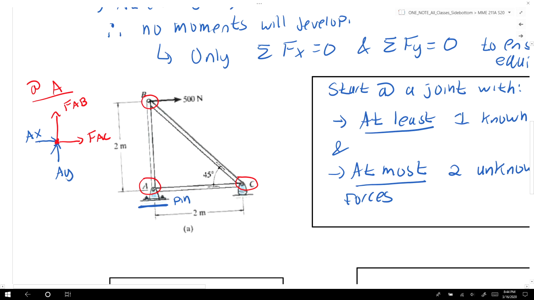So at A we have four unknown forces and 0 known forces, so we cannot apply the method of joints at point A right now.